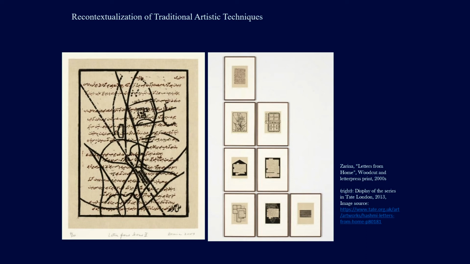This entire series was actually developed in the 2000s, and we find that Zarina Hashmi expressed her memories and experiences of reading and keeping the letters which were sent by her sister from the city of Aligarh in Uttar Pradesh.